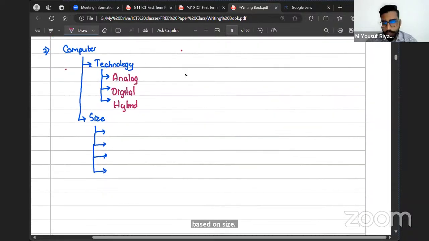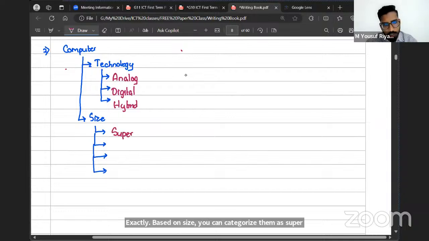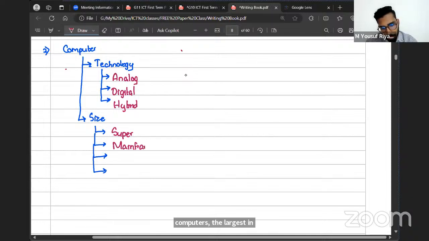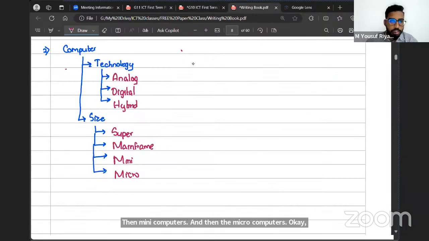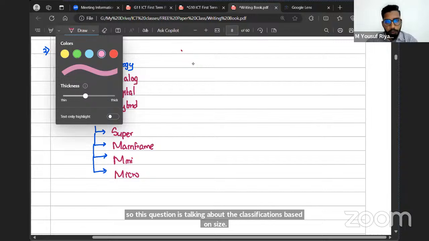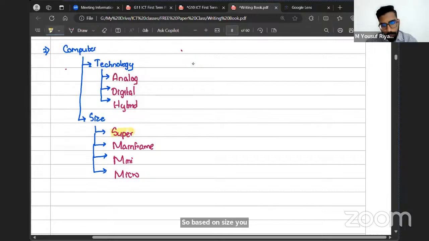Exactly. Based on size, you can categorize them as supercomputers, the largest in size, then mainframe computers, a little bit smaller and a little bit less powerful, then minicomputers, and then microcomputers. So this question is about the classification based on size: supercomputer, mainframe computer, minicomputer, and microcomputer.